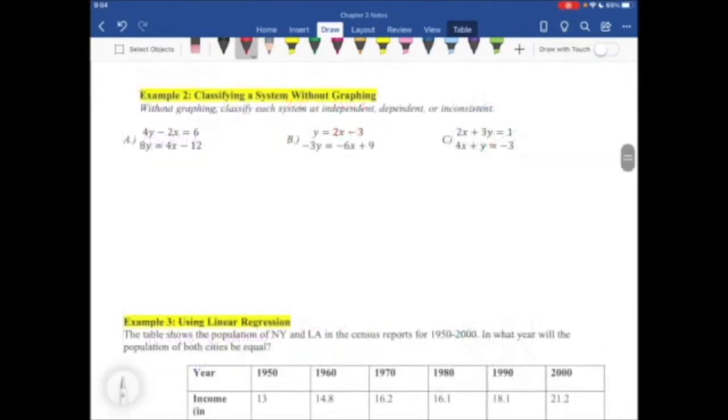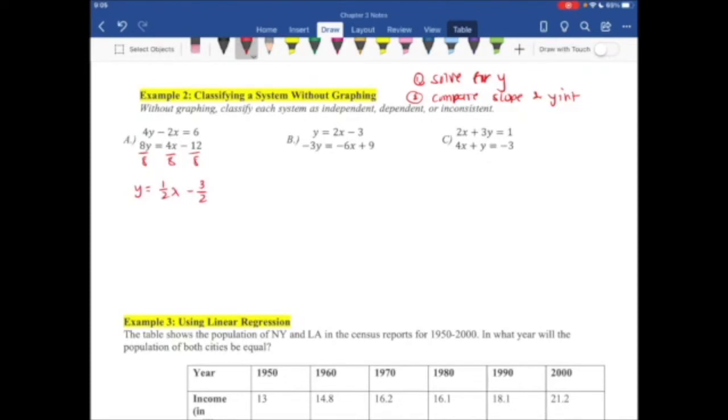We can use what we just discovered about the three different types of systems to classify systems without having to graph them. The first thing we want to do is solve for y. Once we solve for y, in step 2, we can compare the slope and the y-intercept based on the relationships we just saw above. On the first example, let's solve for y: divide everything by 8, and y equals 1/2 x minus 3/2.